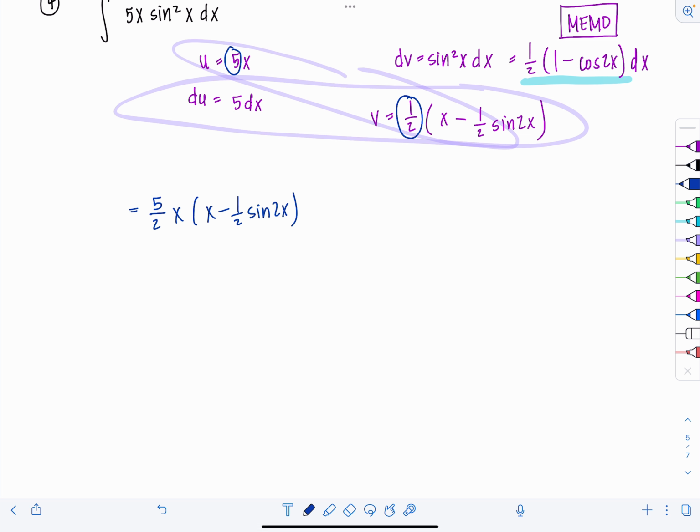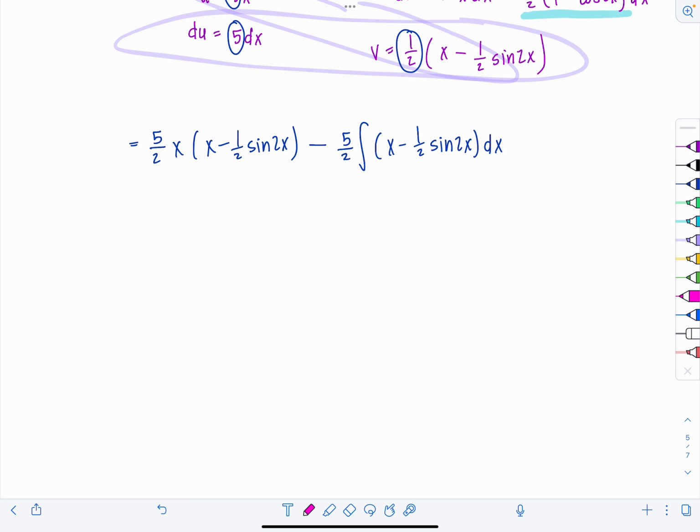Okay, cool. Minus integral of v du. I'm going to do the same thing. I'm going to put the 5 halves outside. Integral of (x minus 1/2 sine 2x) dx. All right, looks good.